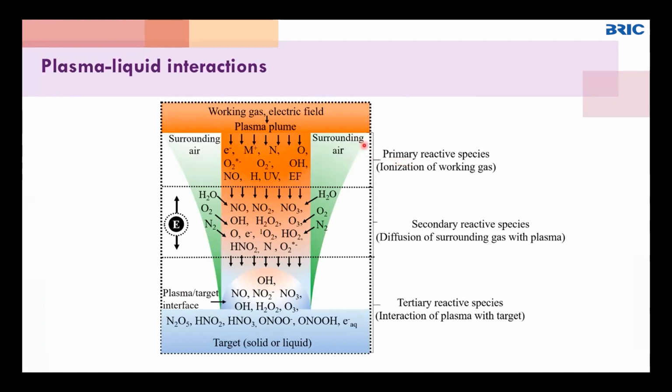Those atomic species and short-lived species are called primary reactive species, which can further react with the nitrogen, oxygen, or water present in the ambient air to make more stable species. So those are secondary reactive species. These species can be NO2, NO3, NO, HO2, singlet oxygen, ozone.